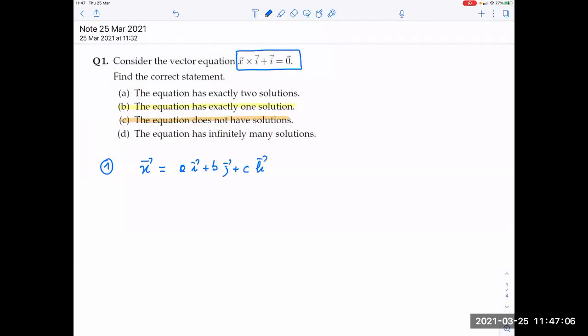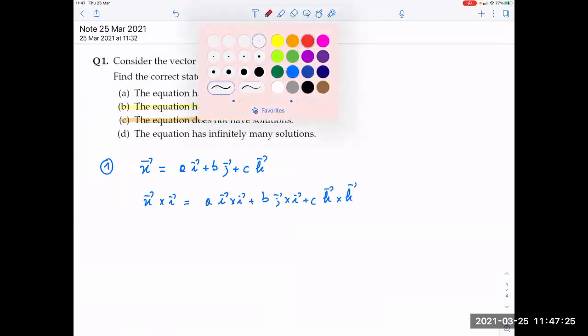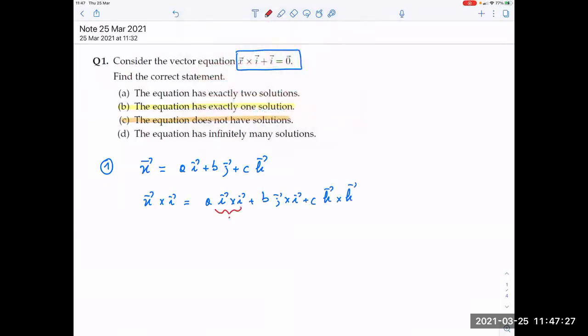Then you plug it into the equation, so you compute x cross i, which is what? It is a i cross i plus b j cross i plus c k cross i. So the first one I tell you because it's easy. This is vector 0, right?